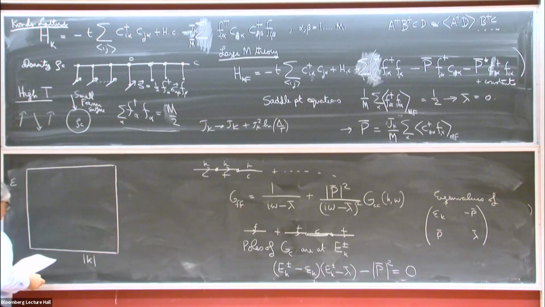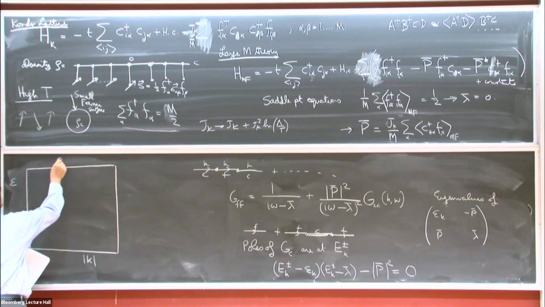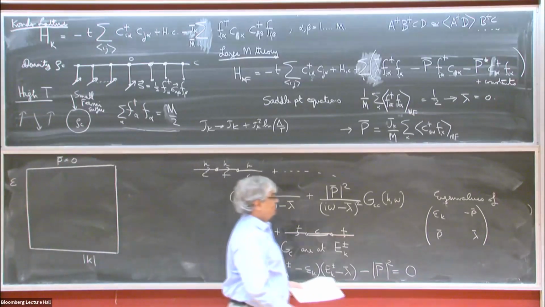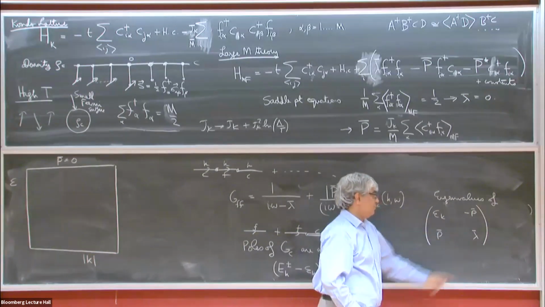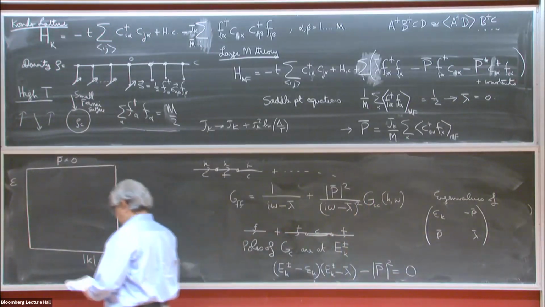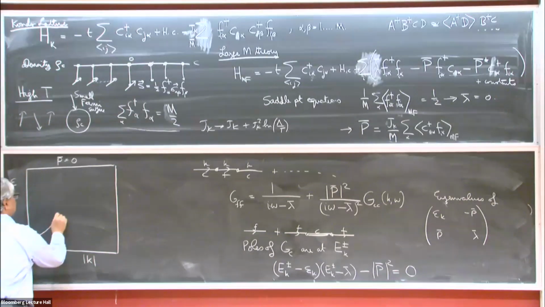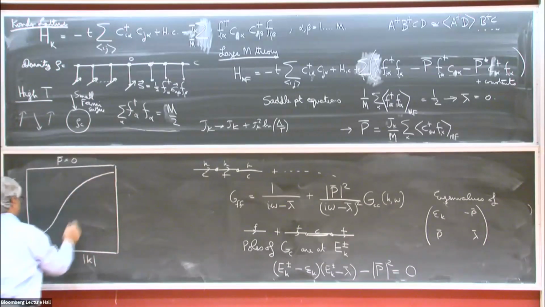To begin with, what's the band structure at P bar equals 0? So let's for now keep P bar equals 0. Then the eigenvalues are very simple, it's just E_k and lambda bar. So now I will draw E_k. Maybe it's some function like this.